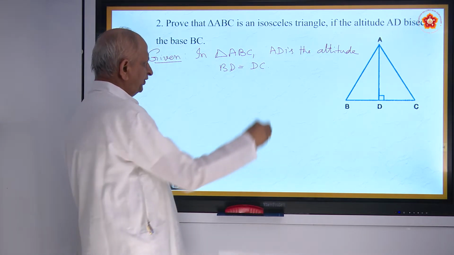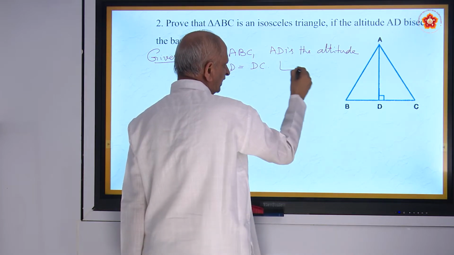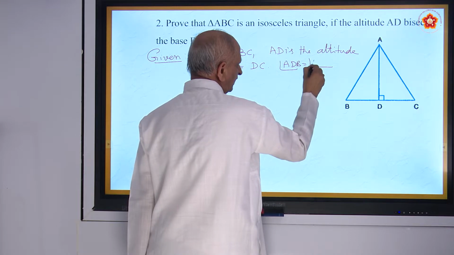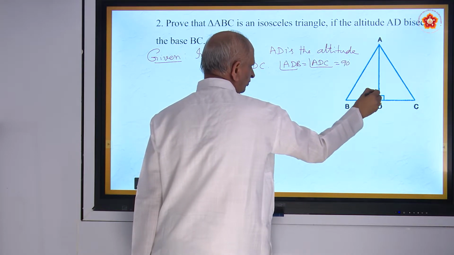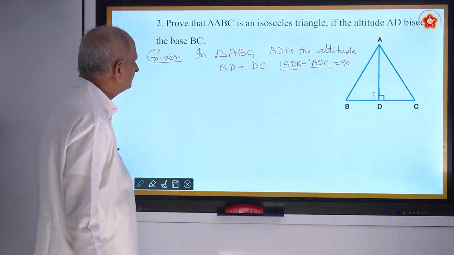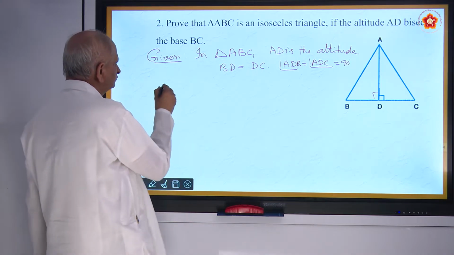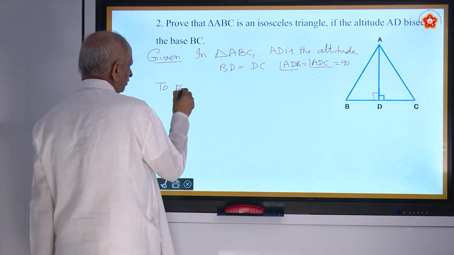So if you say altitude, how much does the angle become? Angle ADB equal to angle ADC is equal to 90 degrees. So both will be 90. That's also what you get, right? Now, to prove, what you have to prove?